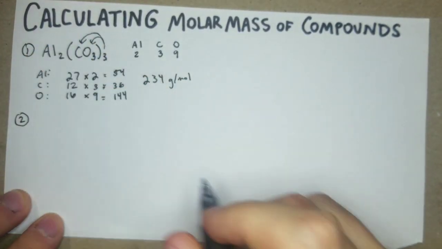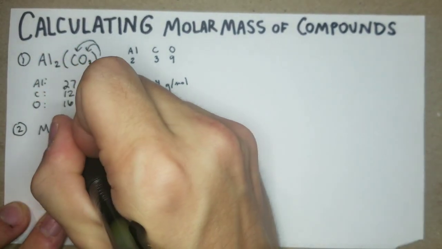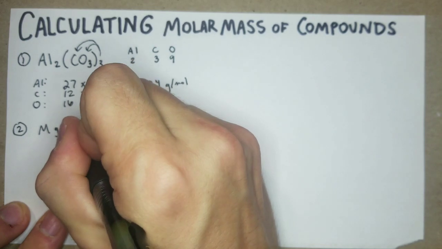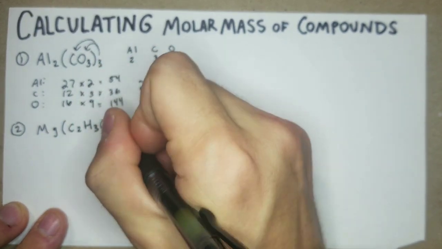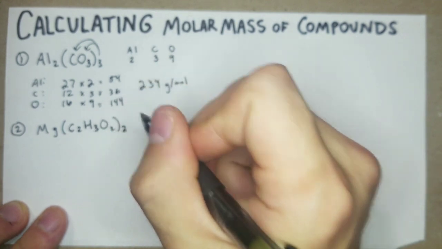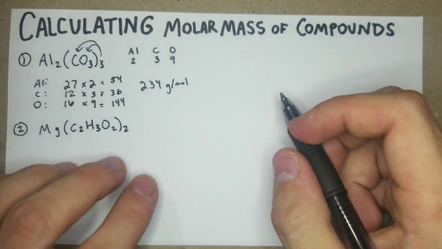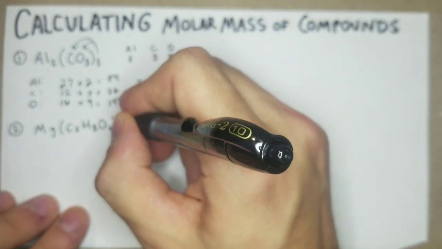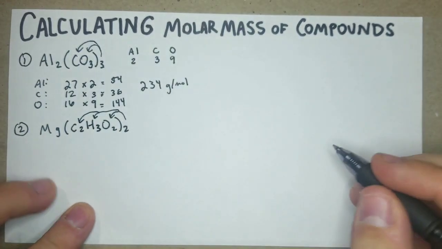Now we're going to do Mg(C2H3O2)2. Again, we're going to look at how many we have of each element, but remember to distribute this 2 into the bracket.